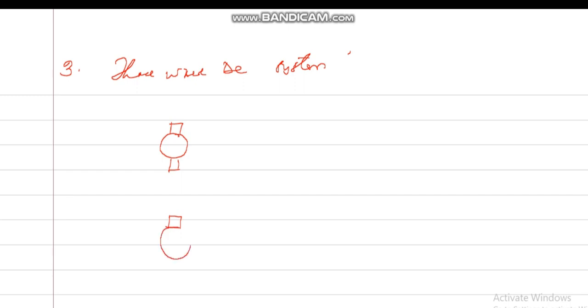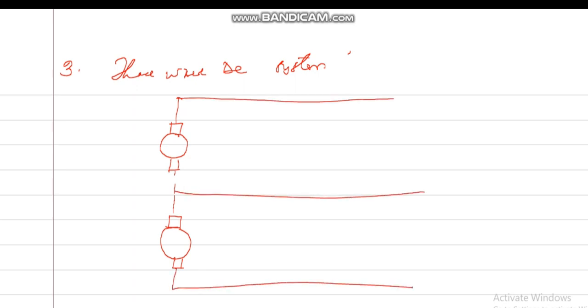Ni 2 DC generators. Okay, this is one outer, this is the mid wire, this is another outer, and the mid wire is being earthed. Because the potential difference between any of the outers and the mid wire which is connected to ground is Vm, and also here is Vm.